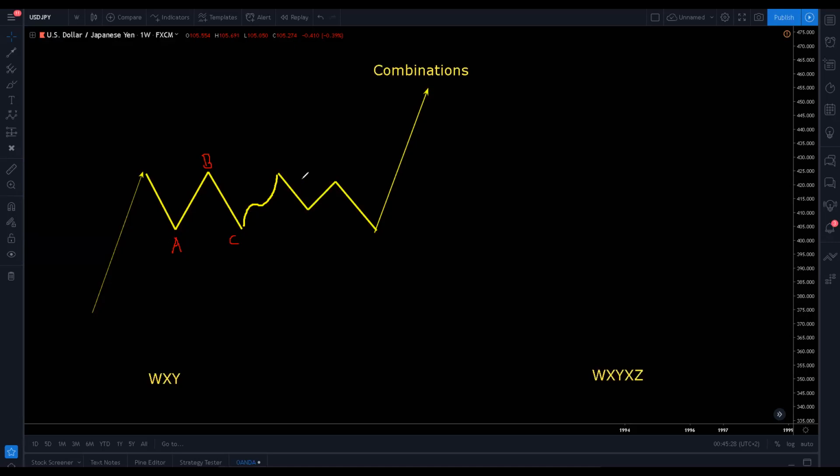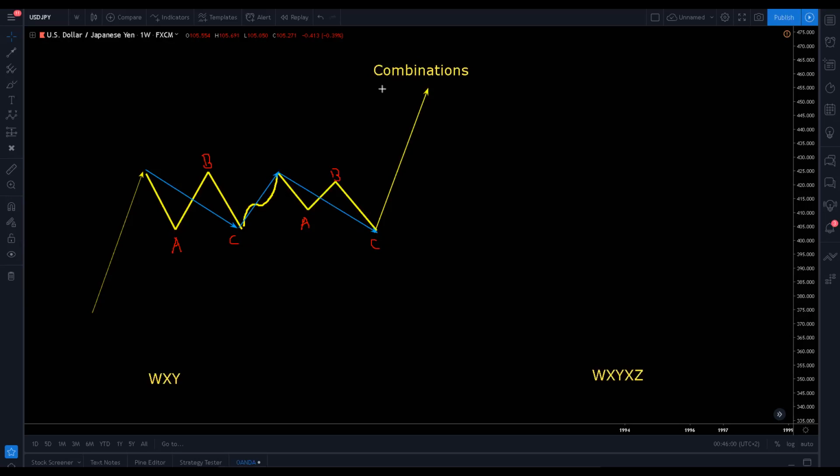Okay, because it gets confused with this move that you are expecting. Okay, and then on your zigzag, you have your A, B, C, like this. Okay, so when you're counting the higher degree, you need to take the entire flat correction as one move. Okay, and then your joint as one move, and then the zigzag as another move.